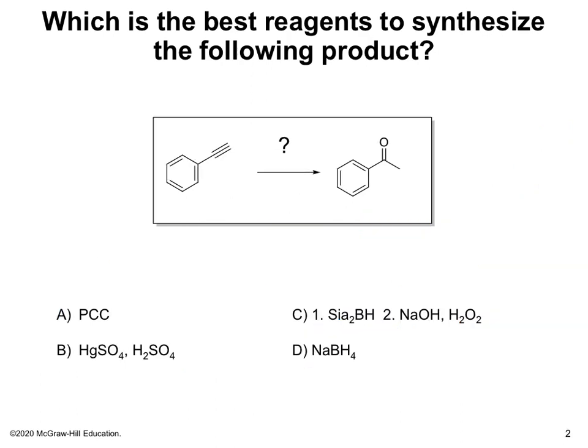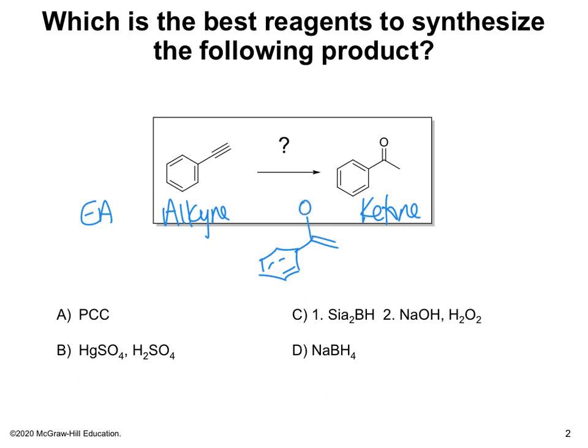All right, this is electrophilic addition. The functional group transformation is an alkyne going to a ketone. If you remember, this goes through an enol.